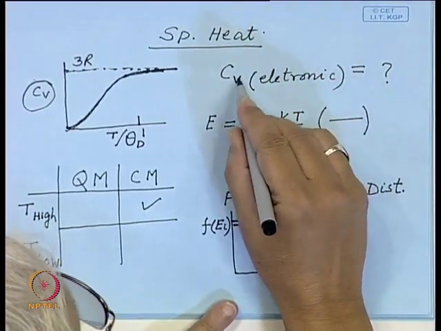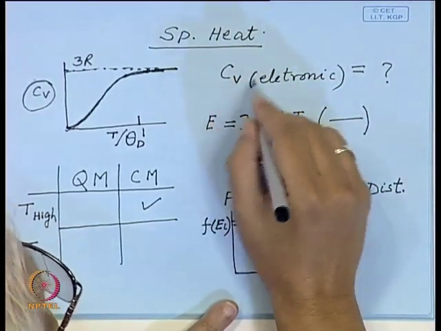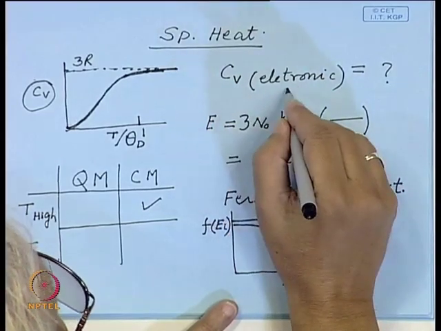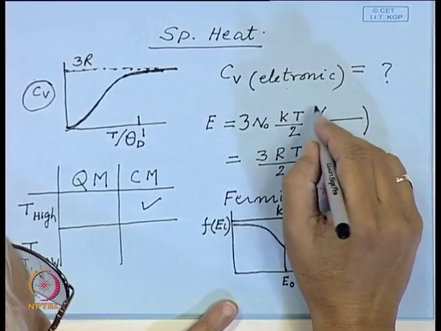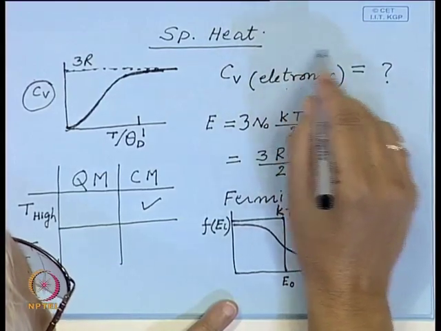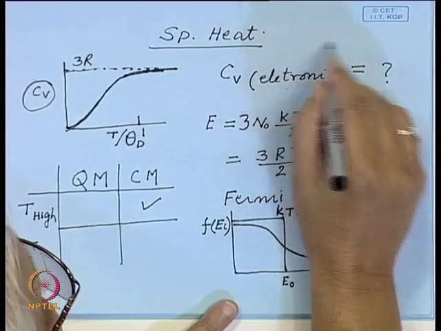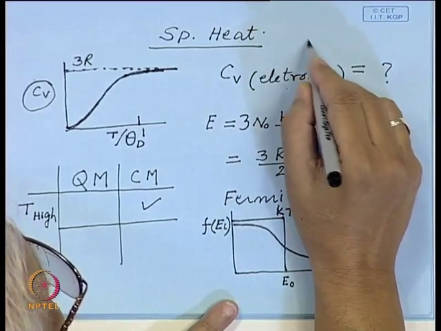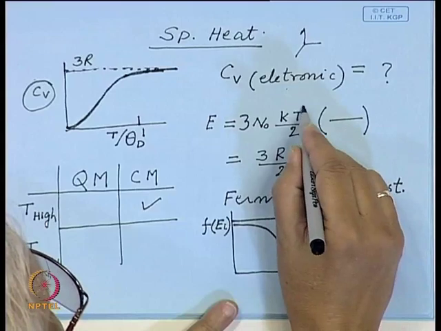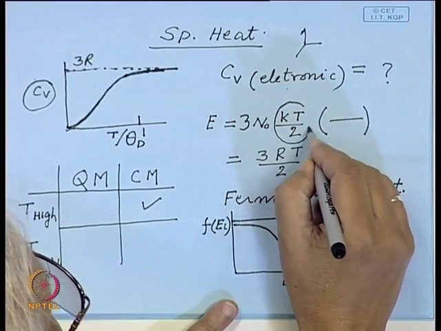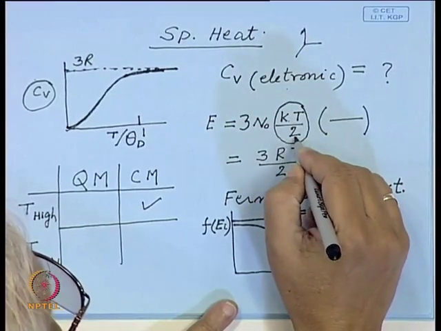So, let us try to calculate the electronic contribution to the specific heat. If you assume that electrons can move freely in 3 directions x, y, z, each direction will have an energy associated kT by 2.